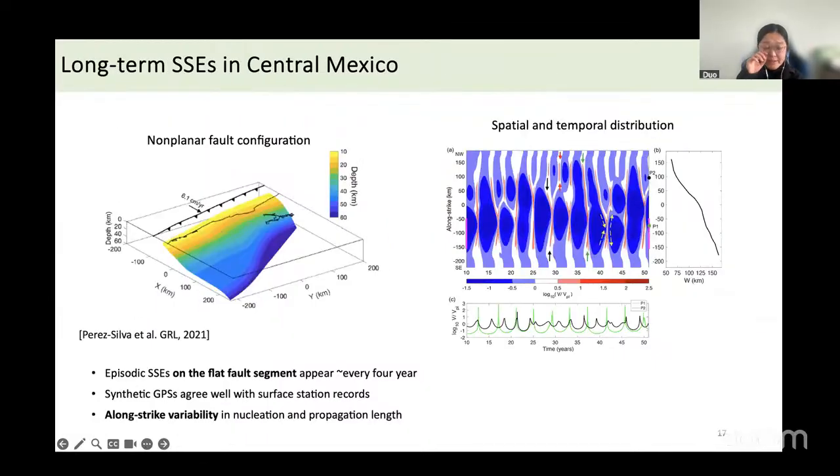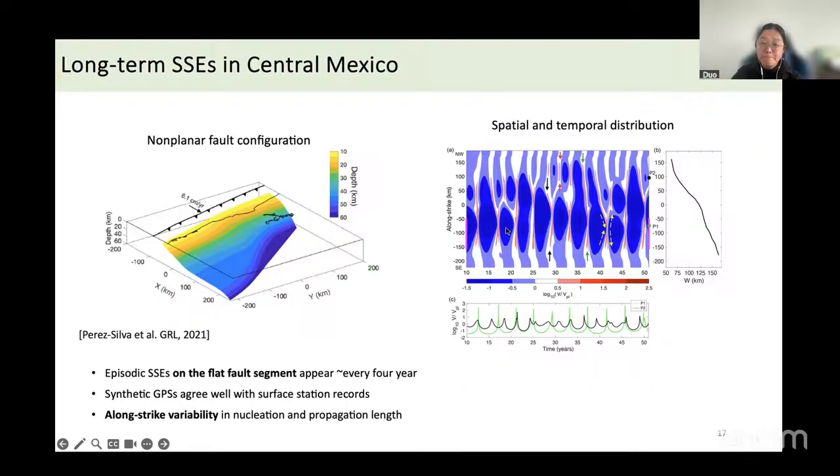So we first simulate the slow slip sequence with a similar method as I explained before. The fault geometry is shown in this figure, and it also has a major change from flatter slab into a deeper dipping slab. The simulated sequence and the recurrence interval are shown in the figure on the right.